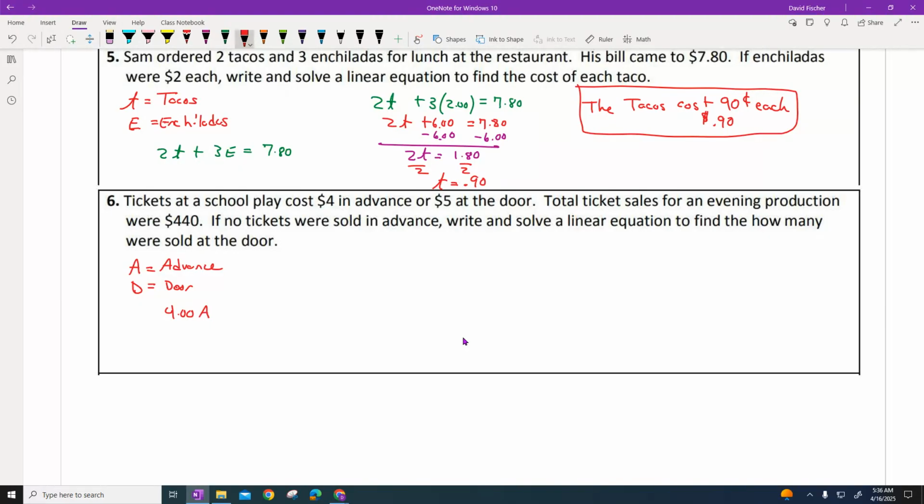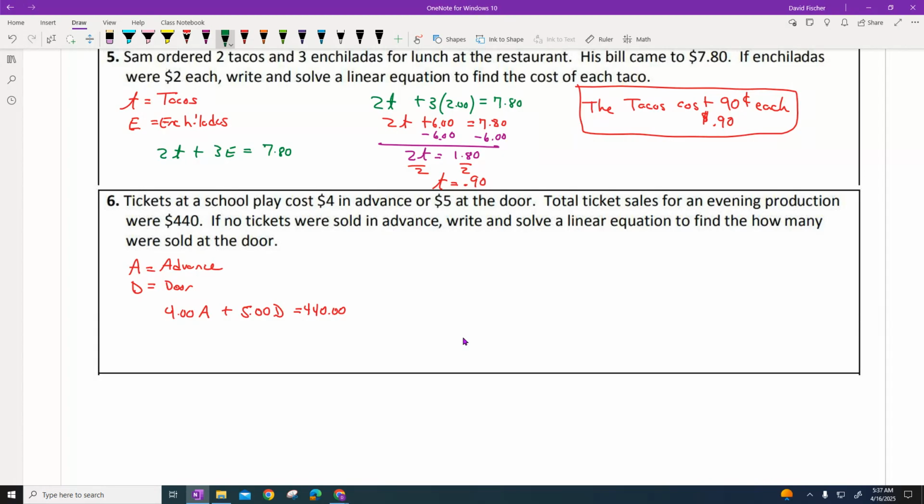So if I bought 1 ticket, $4, 2 is $8, plus $5 for tickets bought at the door, and the total was $440. So now let's go, there's our equation that we want to use to solve this problem.